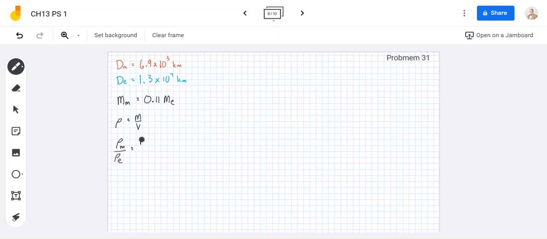So I'm going to take the mass of Mars divided by the volume of Mars, and we're going to divide that by the mass of the Earth divided by the volume of Earth. When you divide a fraction by a fraction, you actually are multiplying by the reciprocal.